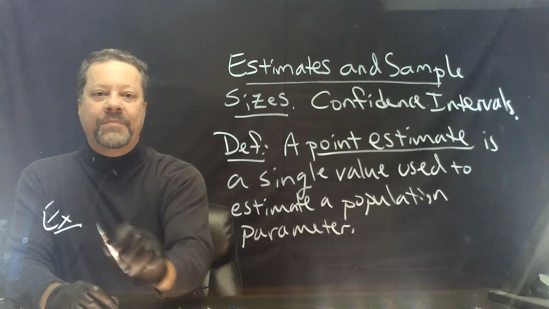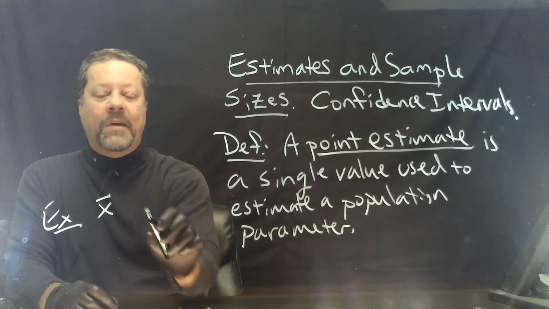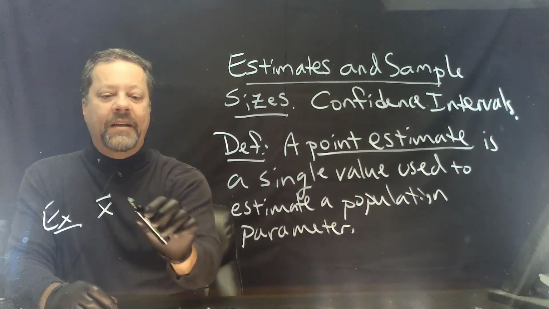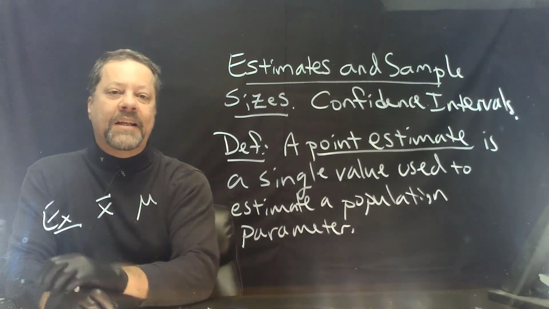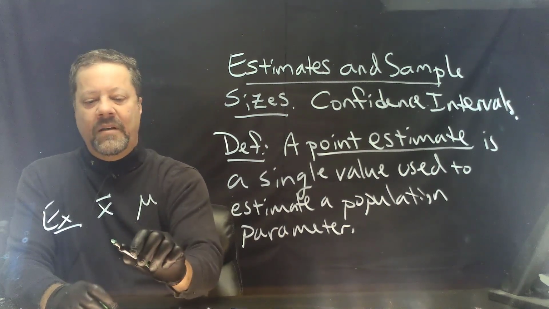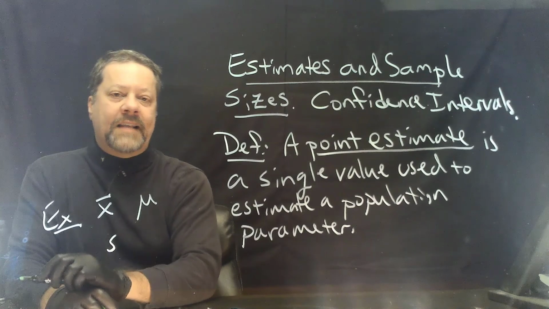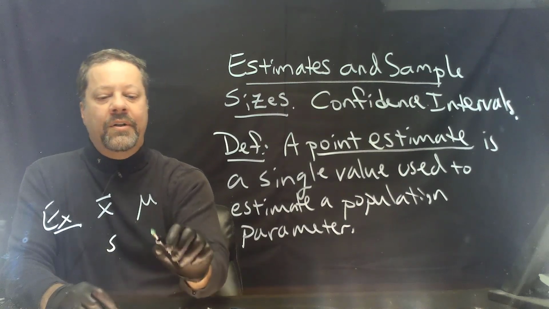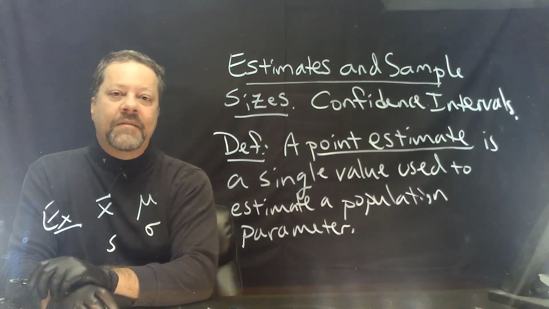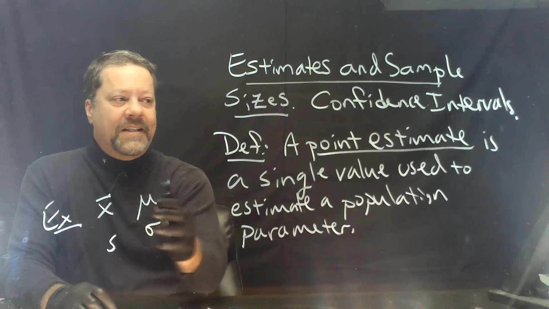So, for example, x bar, the sample mean, is used to approximate the population mean, mu, just as the sample standard deviation is used to approximate the population standard deviation. These would be point estimates.